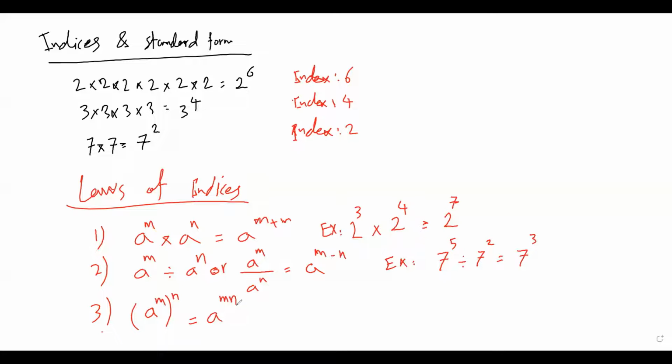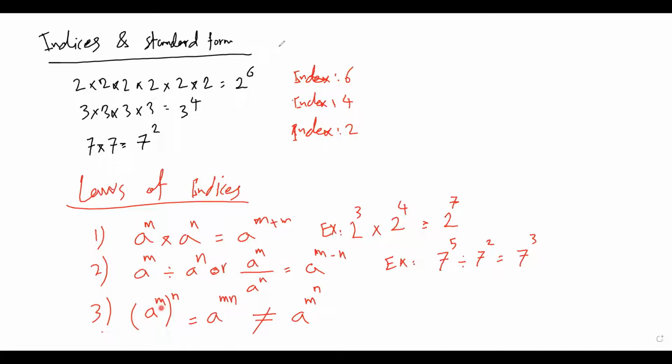And take note that this is different from a raised to the power of m, and m itself raised to another power. These two are completely different, because here we raise a to the power of m, the whole thing. That's why I wrote this bracket right here. We raise the whole thing to a new power.